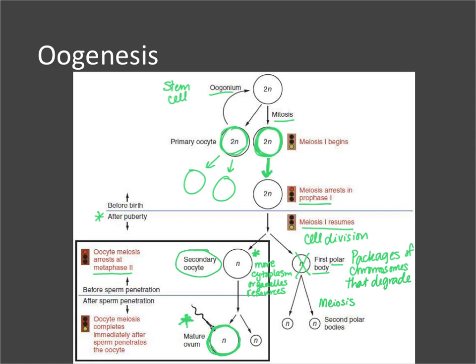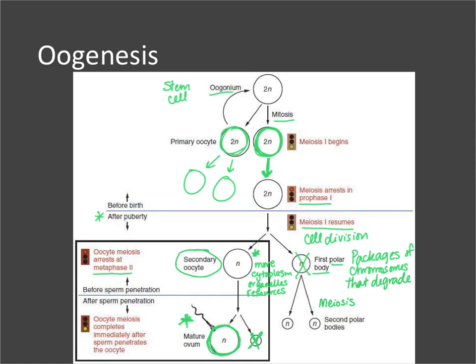So it's got more of the cytoplasm, more of the organelles, more ATP, more nutrients, just all that stuff that it needs in order to essentially grow a baby. And then we make another polar body. And remember, this polar body is just to get rid of these extra chromosomes that we need to make sure are not in the developing embryo. And so that polar body is not viable. It cannot be fertilized by a sperm, and it cannot develop into an embryo and a fetus.